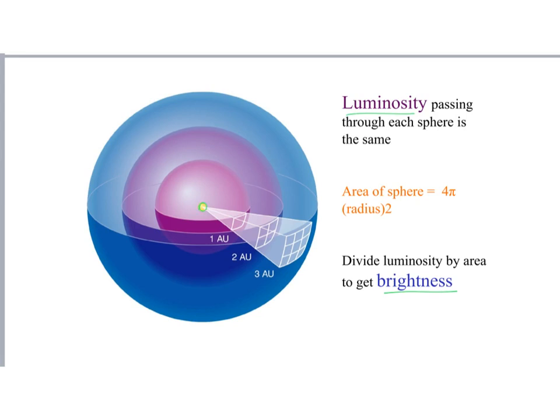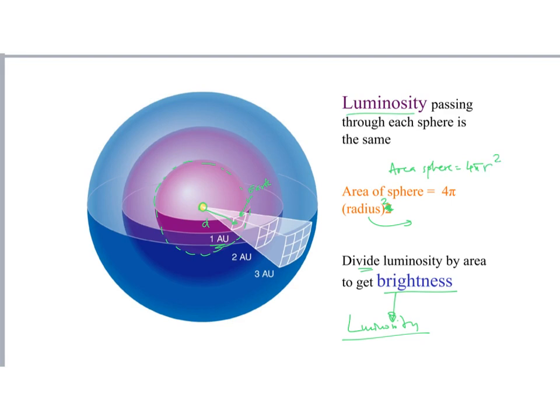Okay, so luminosity is whatever is emitted from the surface of the star, and at a distance of 1 AU, where we are, so this would be Earth, for example, we're going to see a brightness that is basically the luminosity divided by the total area of a sphere that has that radius. The area of a sphere is 4 pi r squared, okay?